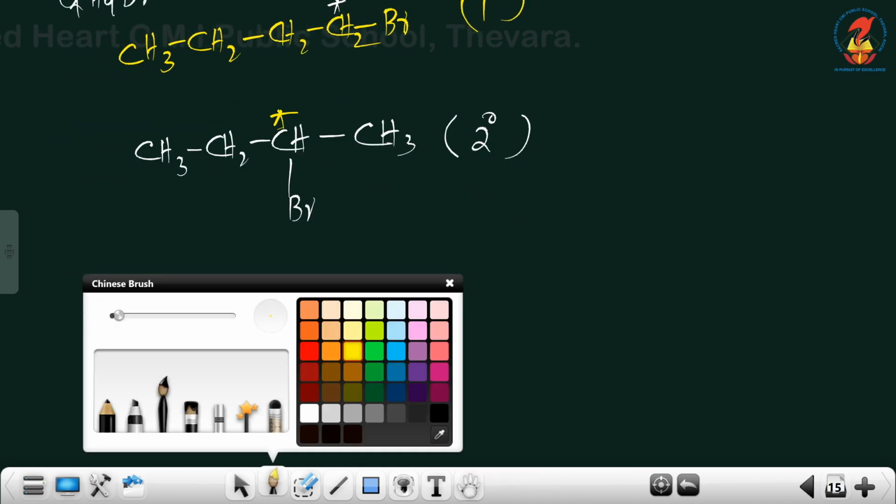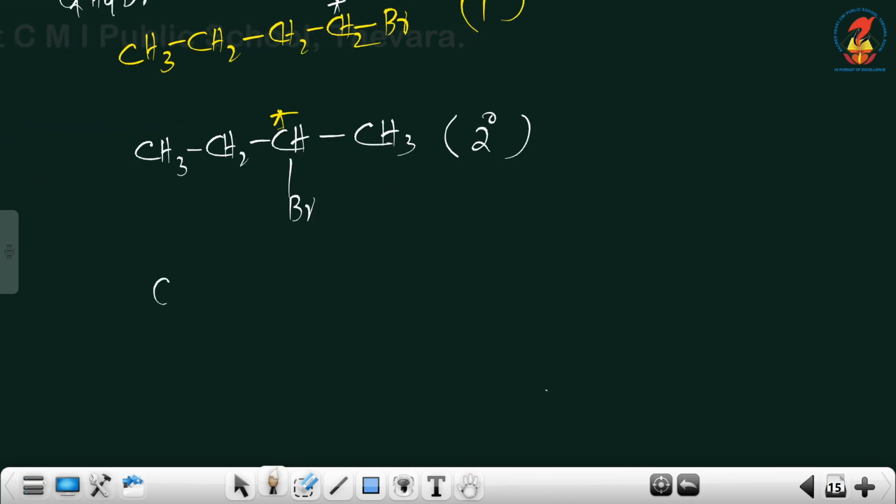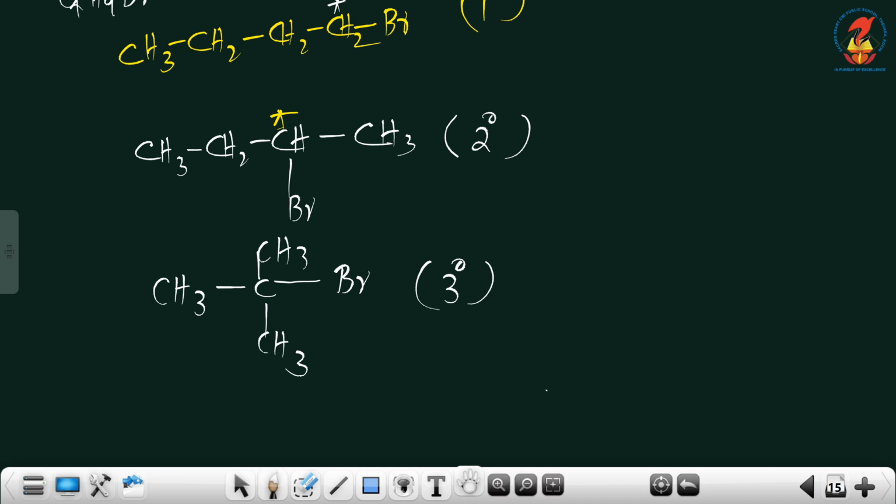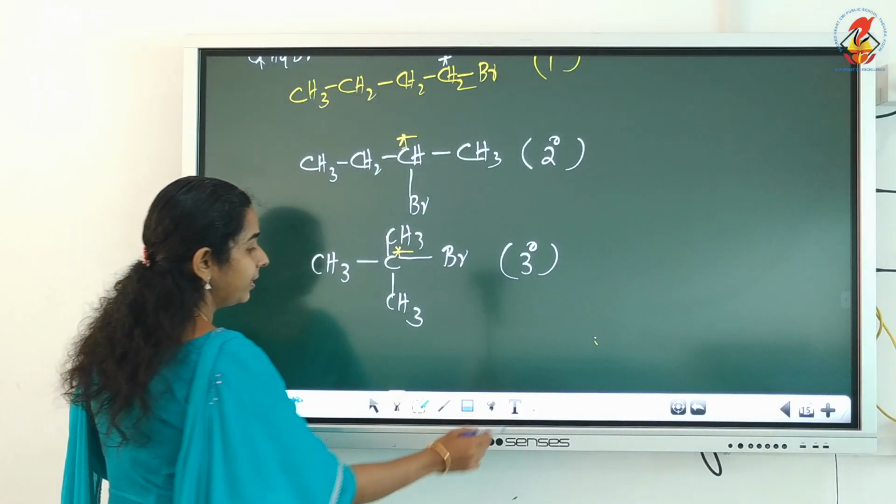Now the next possibility is CH3, C, CH3, CH3 with Br. Tertiary butyl bromide with the same molecular formula, so it is a tertiary halide. Why is it a tertiary halide? Because the bromine attached carbon is C without any replaceable hydrogen atom.